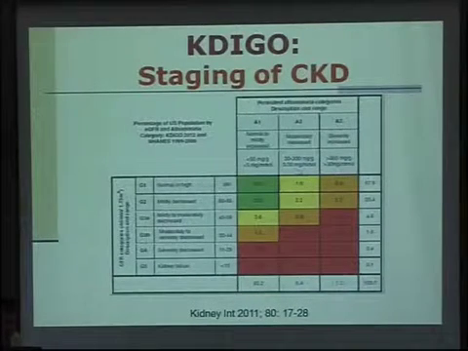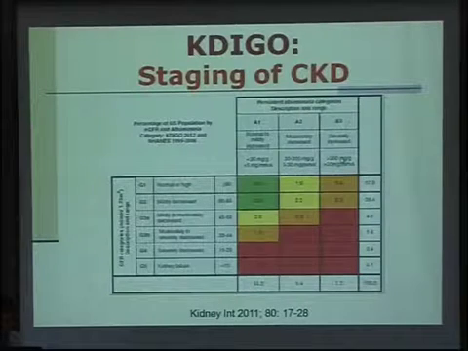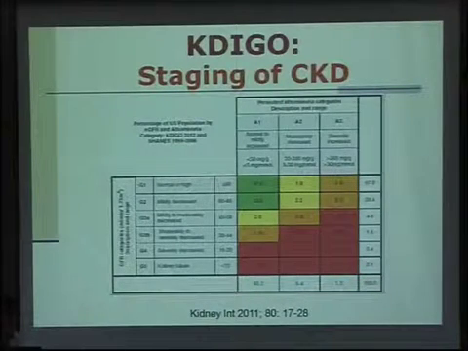Or 3 to 30 milligram per millimole creatinine. If you have values above 300 milligram per gram or 30 milligram per millimole, or you have a patient with nephrotic range proteinuria, this is A3.